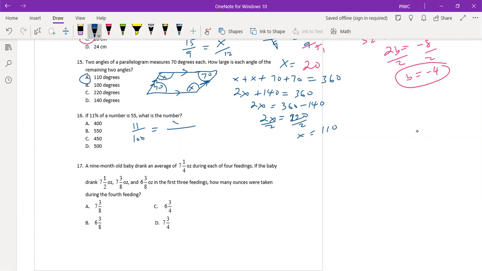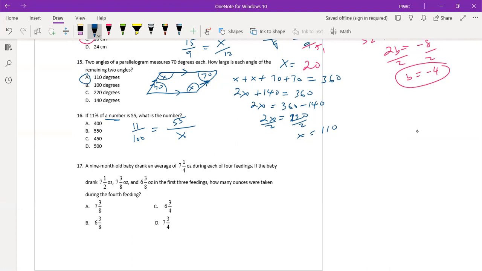We know the part, that's 55. It goes with the 11. You want 'of a number', we don't know the number, so the base is unknown, x. So this should be your setup.